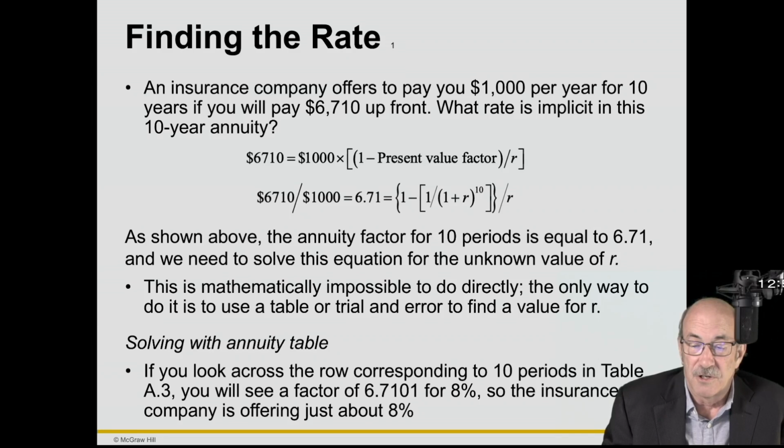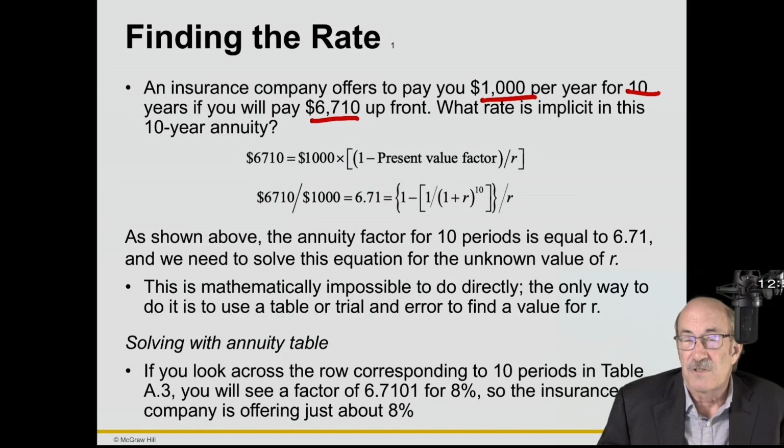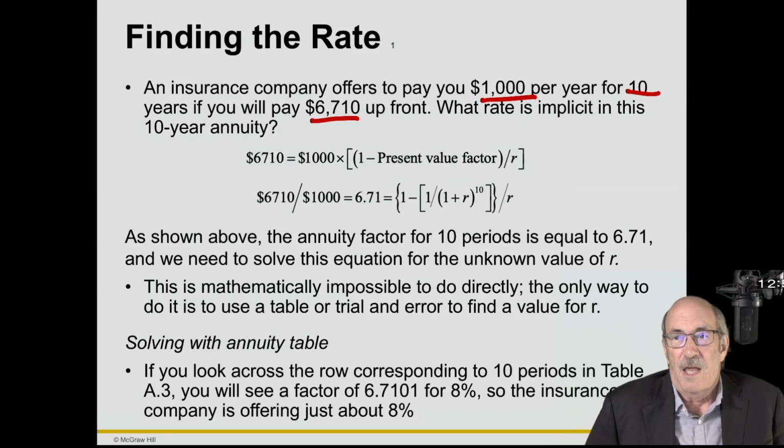So an insurance company offers to pay us $1,000 per year for 10 years if we'll pay the insurance company $6,710 today. Now, this is a fixed annuity, and there are a variety of these sorts of things around.